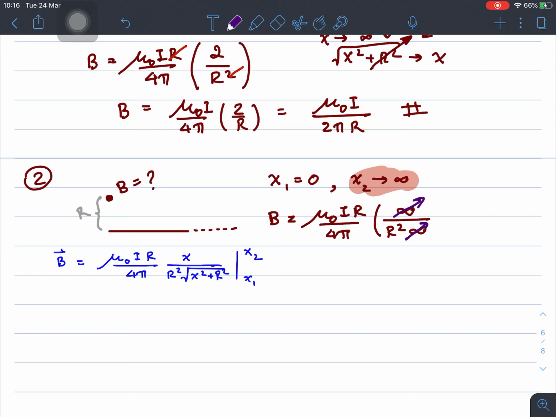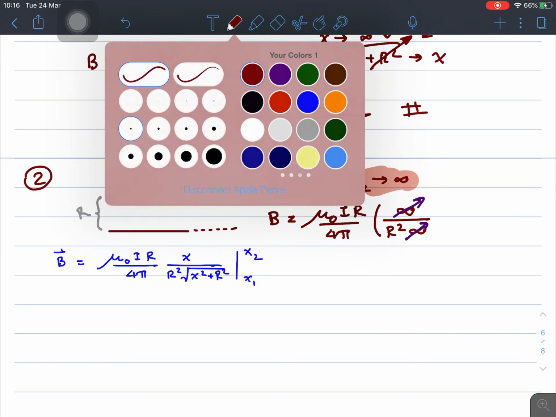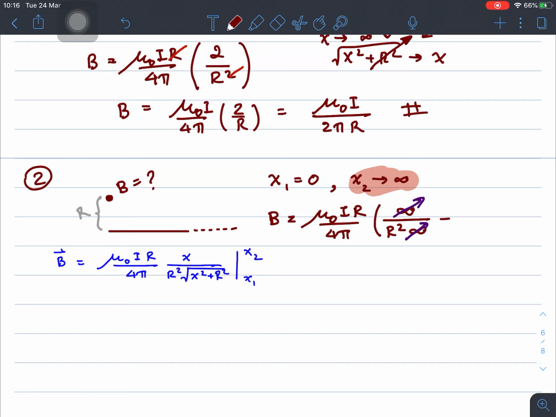Then if I substitute 0 in the other term, it would be 0 divided by r squared and over the square root of something, which should give us 0.